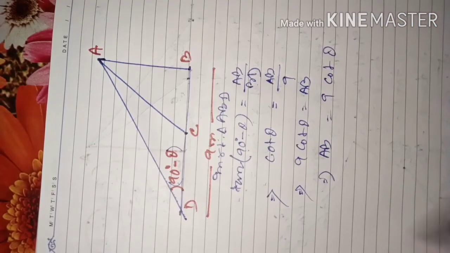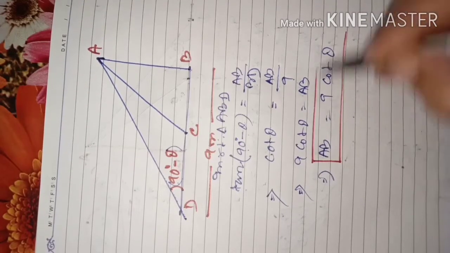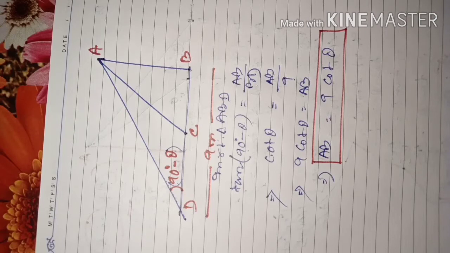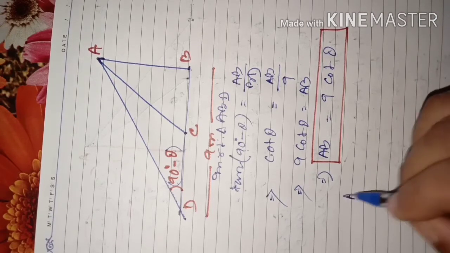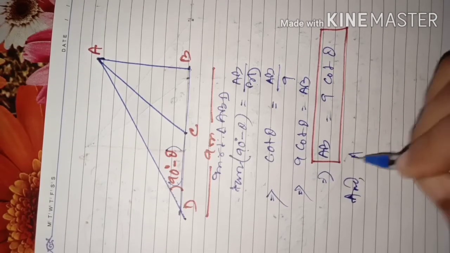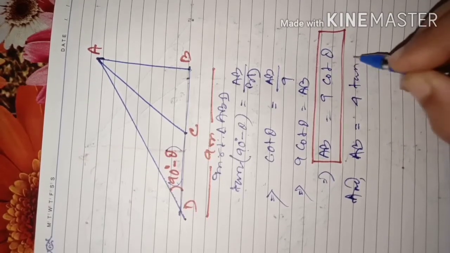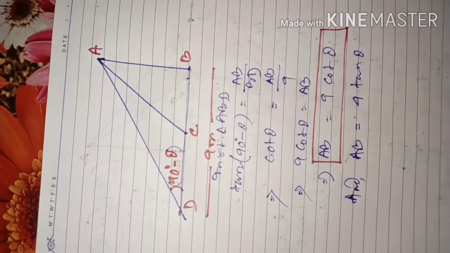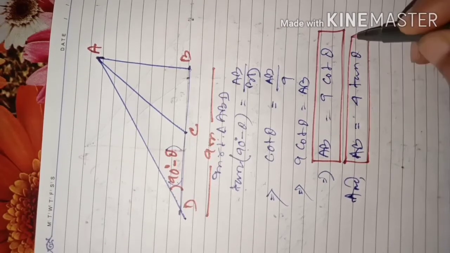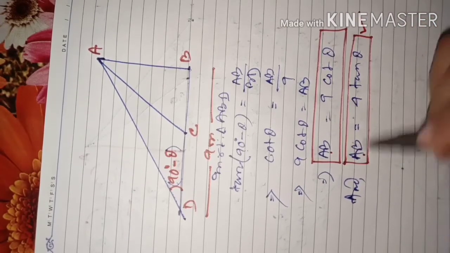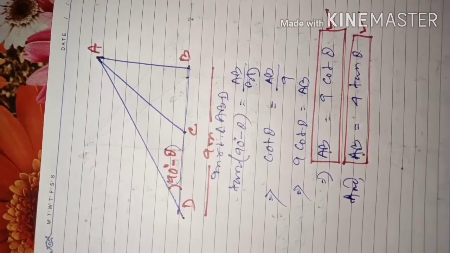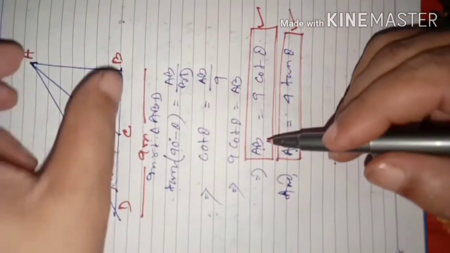And previously, in the first equation, we got AB as 4 tan theta. So how do we combine these two relations? In both, AB is there, but we cannot cancel AB, because AB is required. AB is the height of the tower.